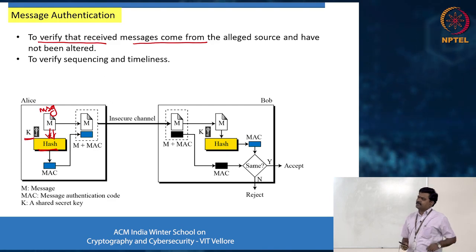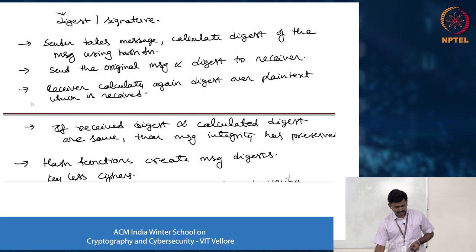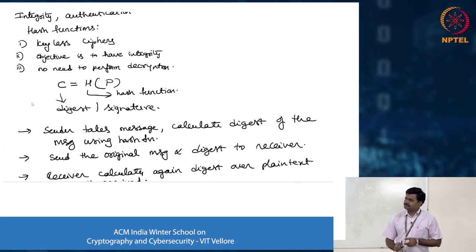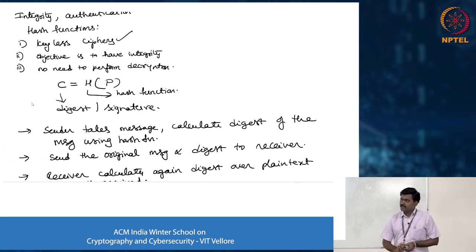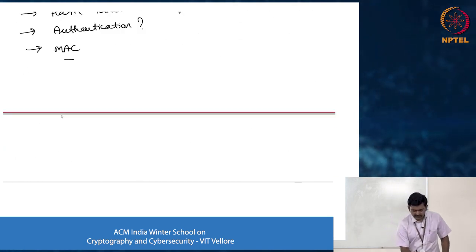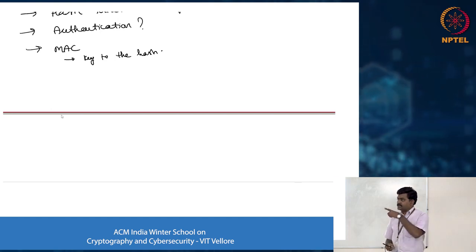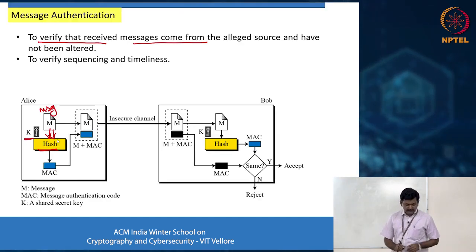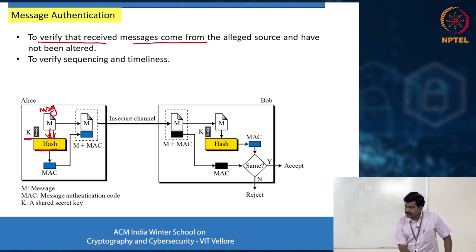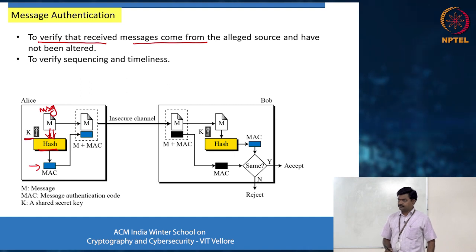Previously we said hash is a keyless cipher. Now you see what you are doing. In the case of MAC, you are giving a key to the hash. Message and key are submitted to the hash, right?